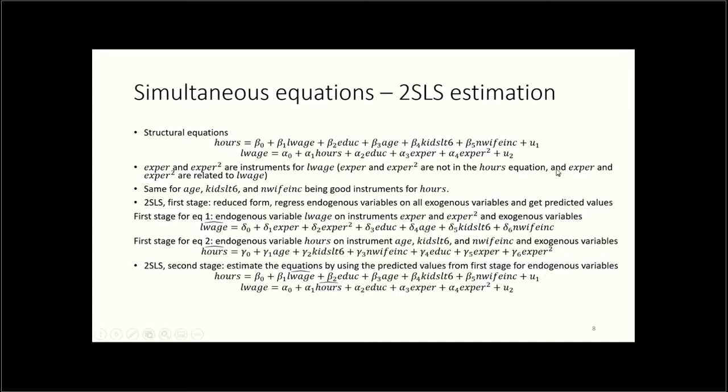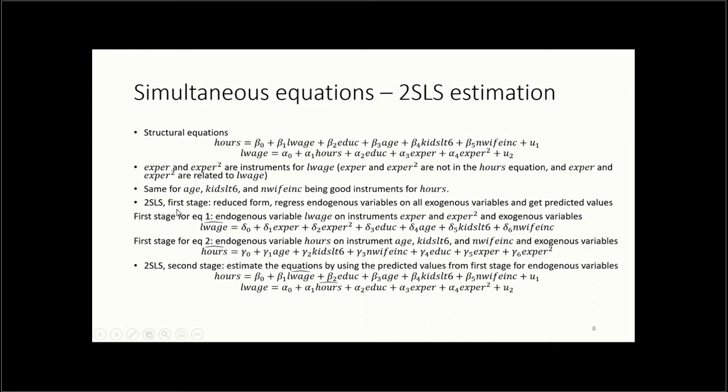The same applies for age, kids less than 6 years old, and non-wife income. These three variables are very good instruments for hours because they are not in the log of wage equation and they're related to the endogenous variable, hours.